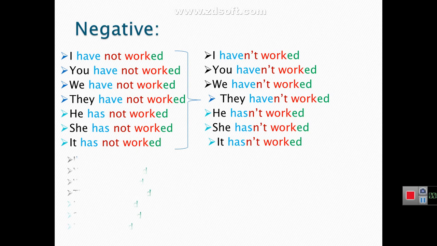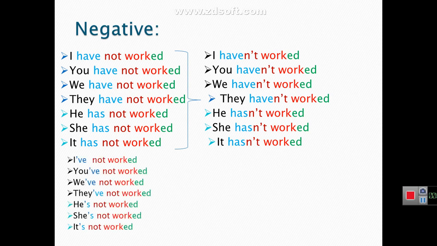The second one, which I have, but don't use it. It's true, it's not wrong, but we don't use it often. I've not. You have not. We've not. He's not worked. It means that we use apostrophe ve and not worked.